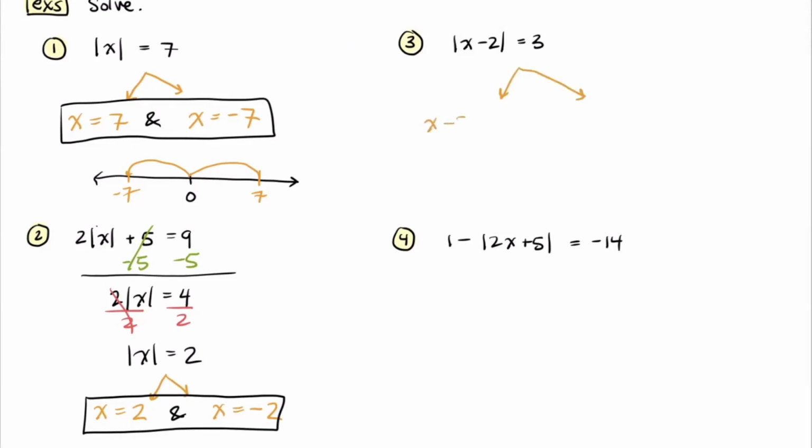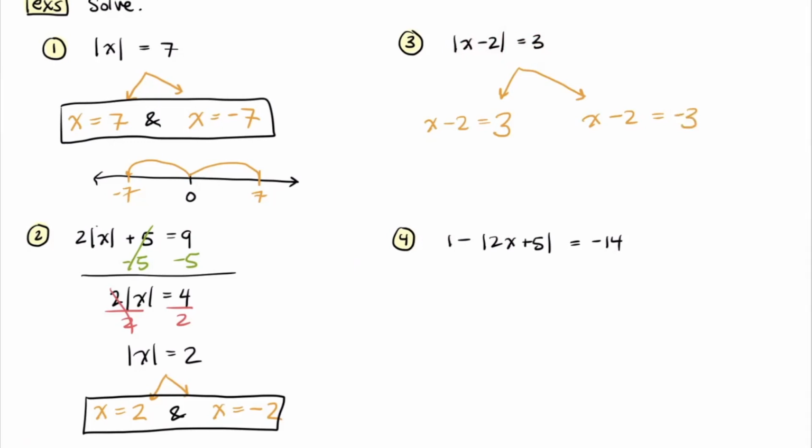We get what's inside of the absolute value, which is x minus 2. And then one of them, we could have the inside be positive 3, since absolute value of 3 is 3. So that's the one equation we'll solve. And then absolute value of negative 3 would also equal 3, so we want to also see when the inside is equal to negative 3.